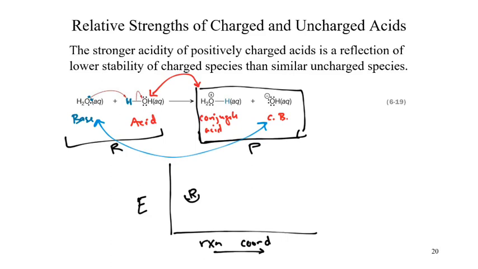If I've memorized some pKa's, I know that my acid, water, has a pKa of about 15.7, and my conjugate acid, H3O+, has a pKa of about negative 1.5. Negative 1.5 is significantly more acidic, which would mean, using the pKa argument that we've gone through, would heavily favor our reactants. And if we're going to favor our reactants, that means they must be lower in energy.